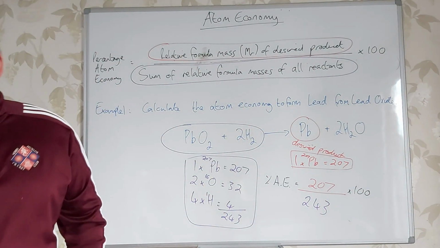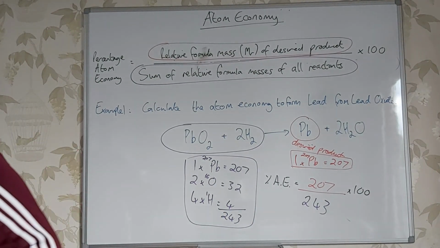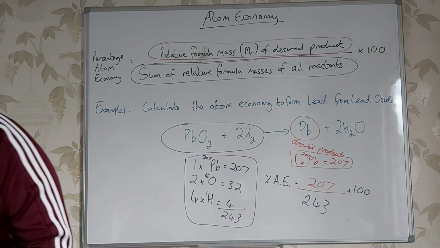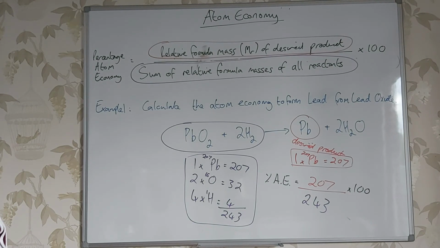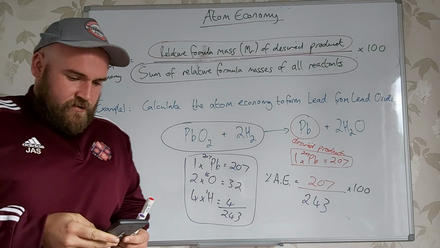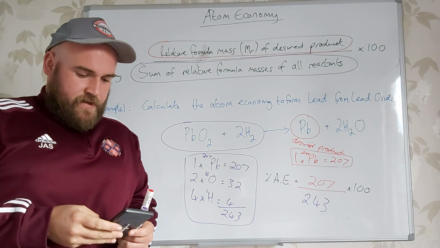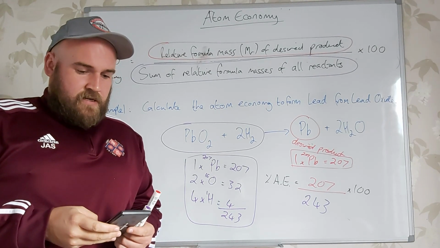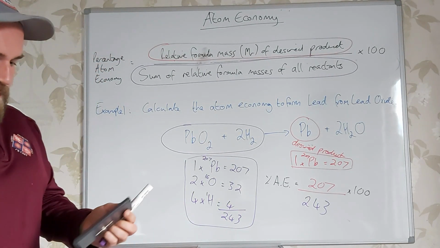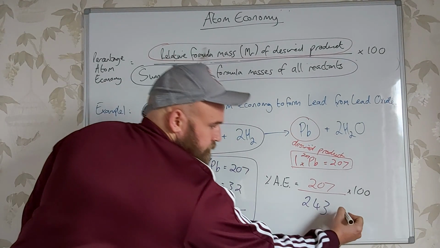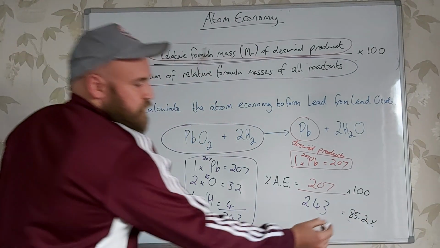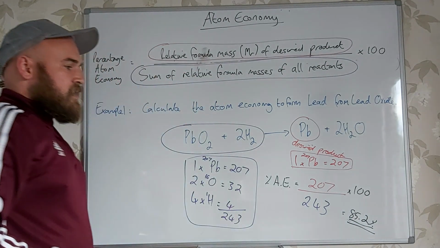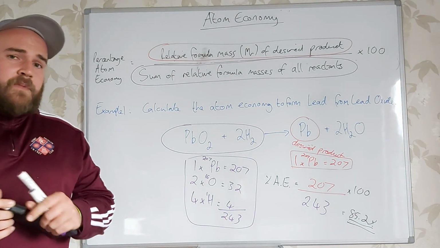So I will now have a go at my calculator. So you've got 207 divided by 243 times 100, 85.2%. 85.2% is the atom economy there, which is a really high atom economy.